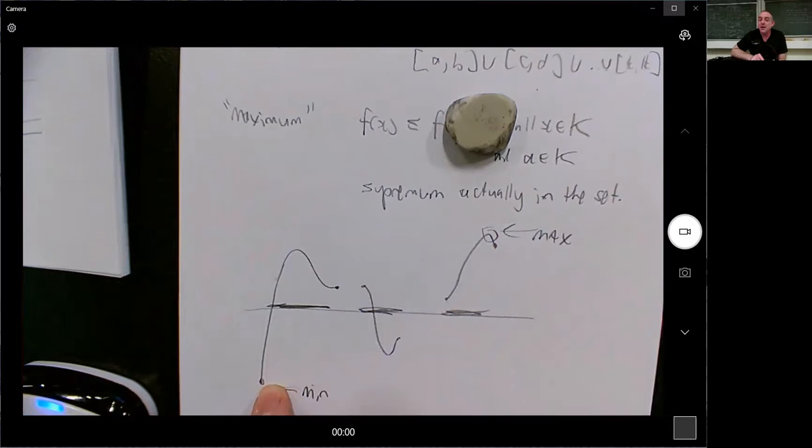If it was an open set, you might still have a maximum and minimum, but then again, you might not, because you might not be able to reach this point. That's my feeling about how it works. I don't know how to prove the thing. It seems not unreasonable to me as a thing to be true, but that is what real analysis is for. When people invented calculus, they went, oh, this all seems reasonable.